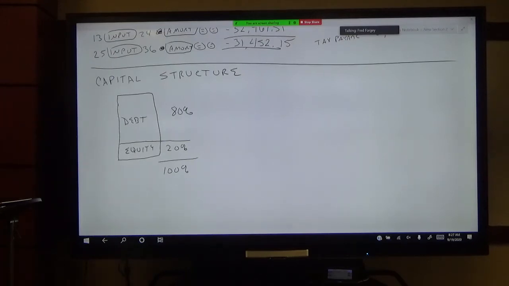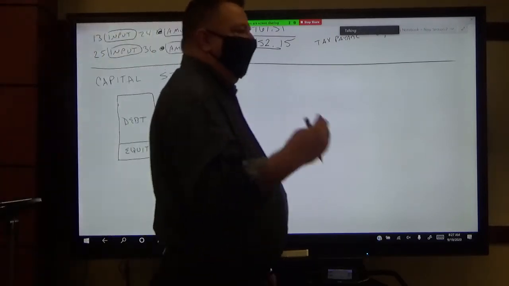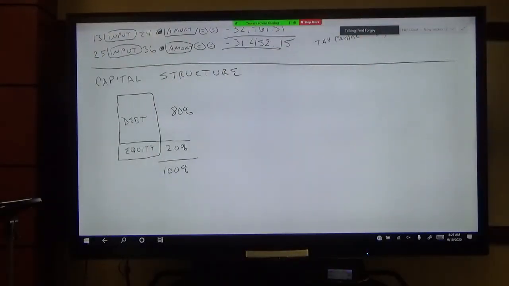Equity, very simply put, is the money that you personally are contributing into the deal, okay? The money from your back pocket that you're throwing into the deal, cash money you've gotten from wherever.